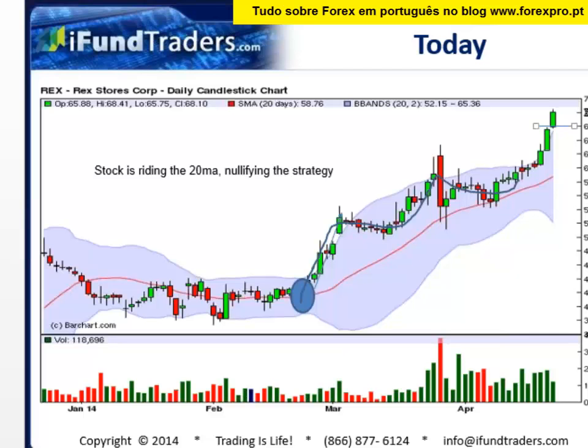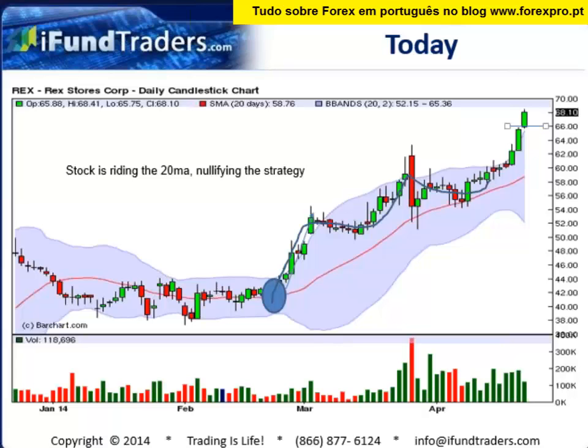And there you have it, guys. A simple but powerful method to help you determine when the odds are extraordinarily high for a snapback to the upside or a snapback to the mean to the downside. You have to keep in mind that you preferably want an entire bar to be outside of the bands. You want the bands to be wide.